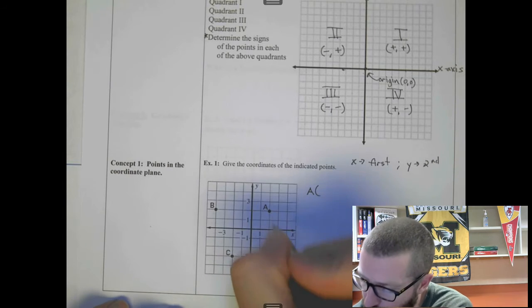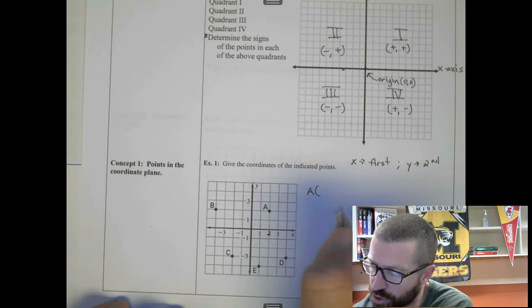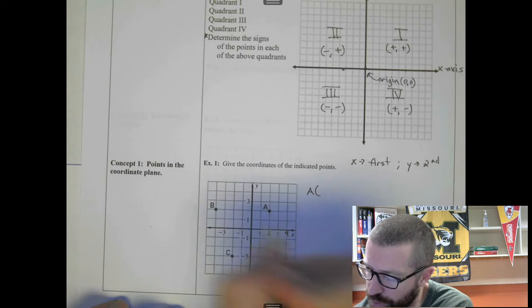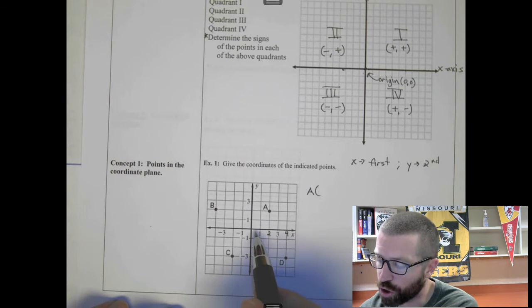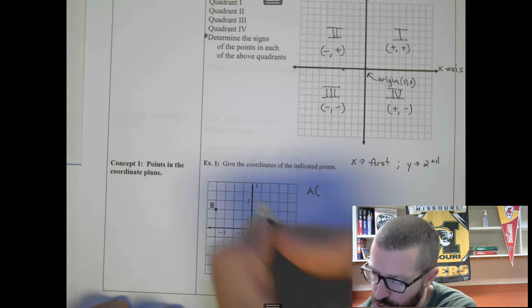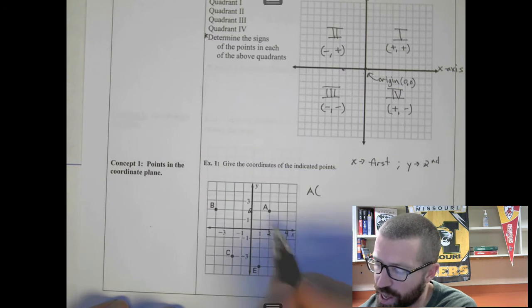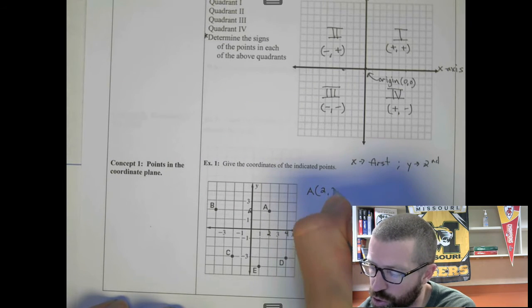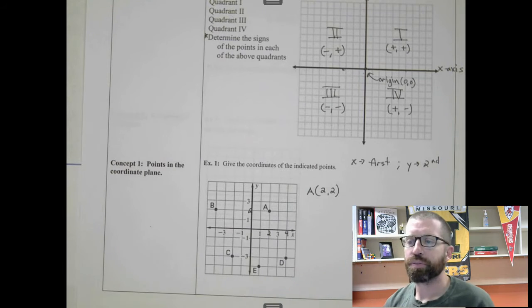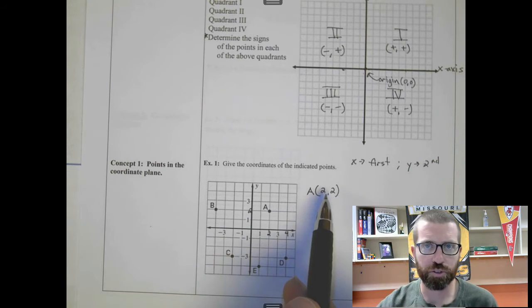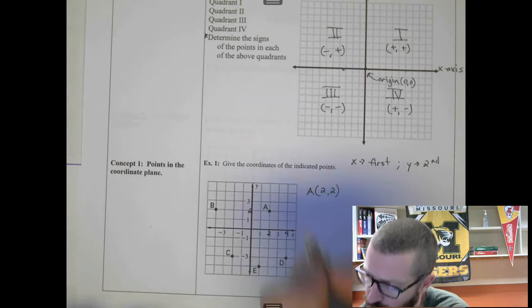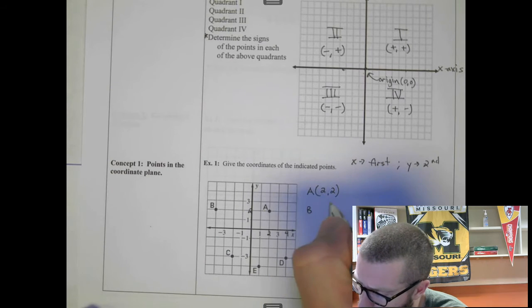You may need to number these coordinates on the x-axis if you can't tell. So I start at 0, and you go right 2 and up 2, and you are on point A. So this would be 2, 2. You can also check, while I'm in quadrant 1, both of my signs should be positive, because signs are a common mistake.